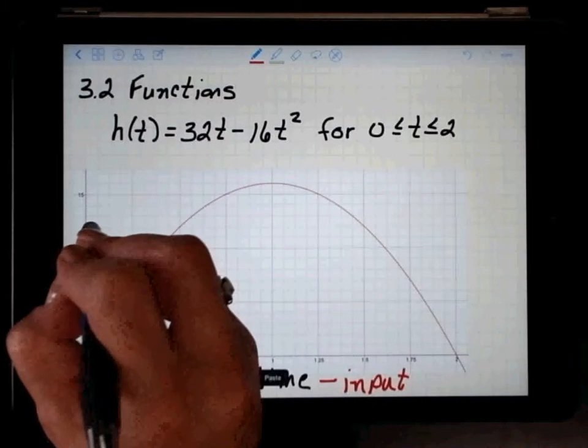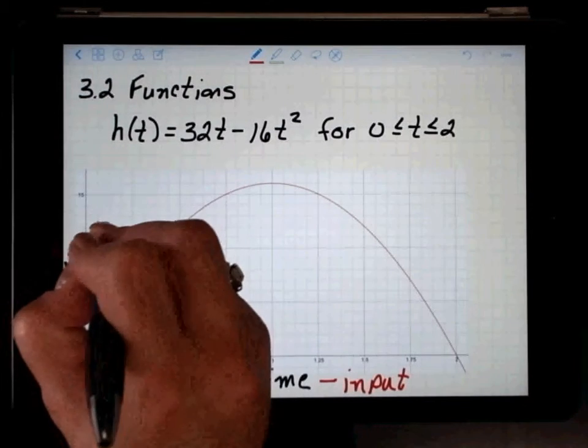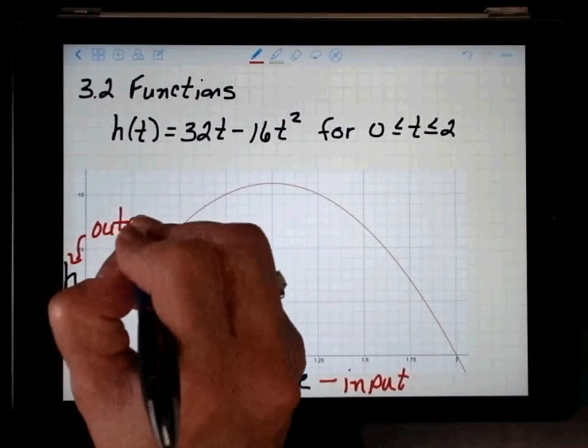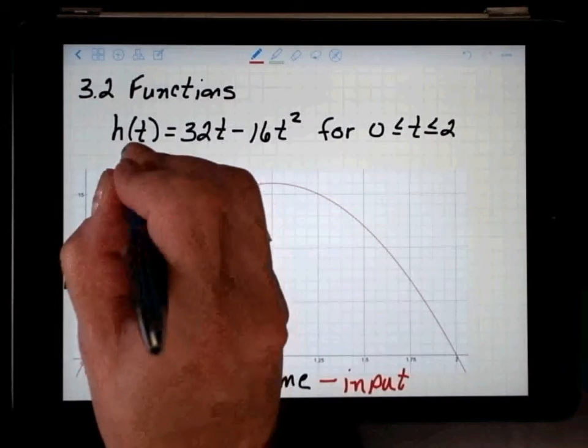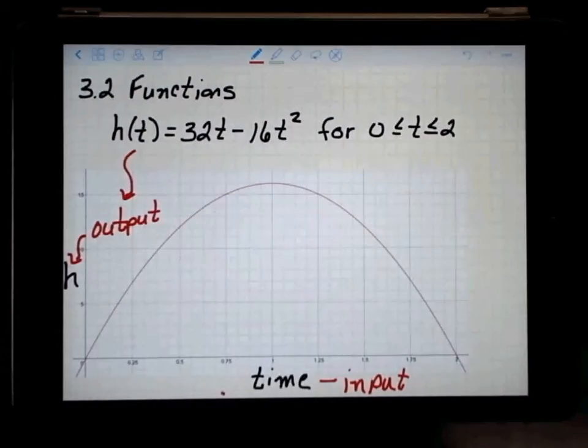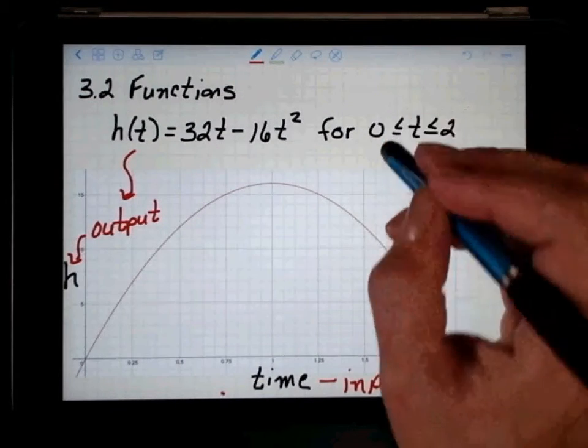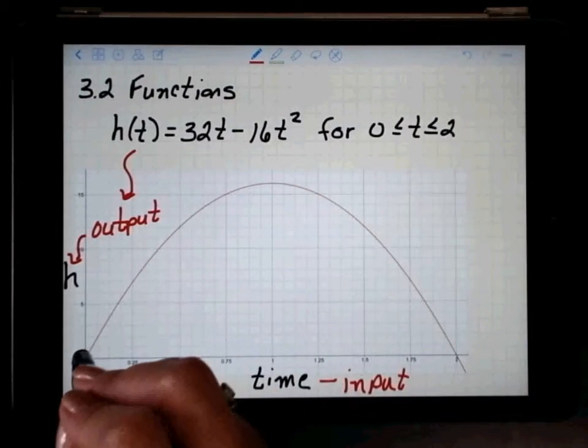What we get out is the height, the same thing that is h of t, the output. Okay? Now, in functions, we have special names for these regions. So if we think about the numbers that we are allowed to put into this function, in this case, it's any number between 0 and 2.